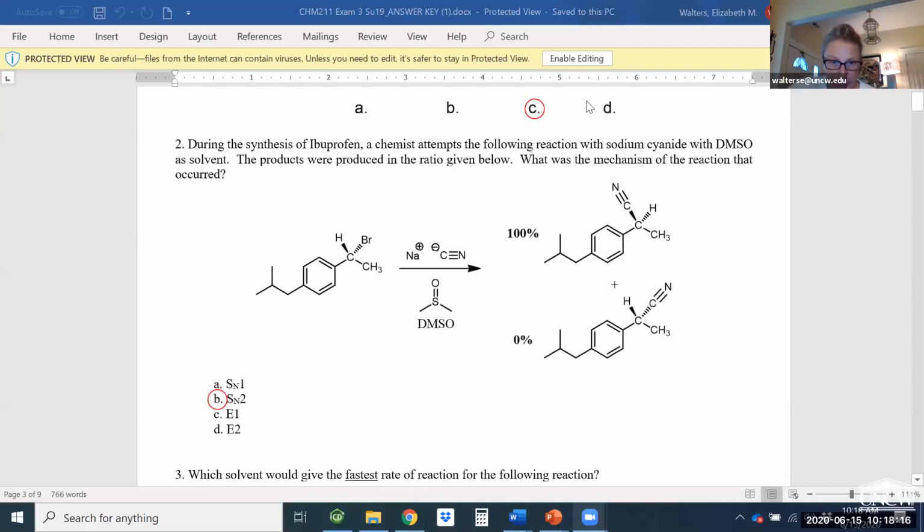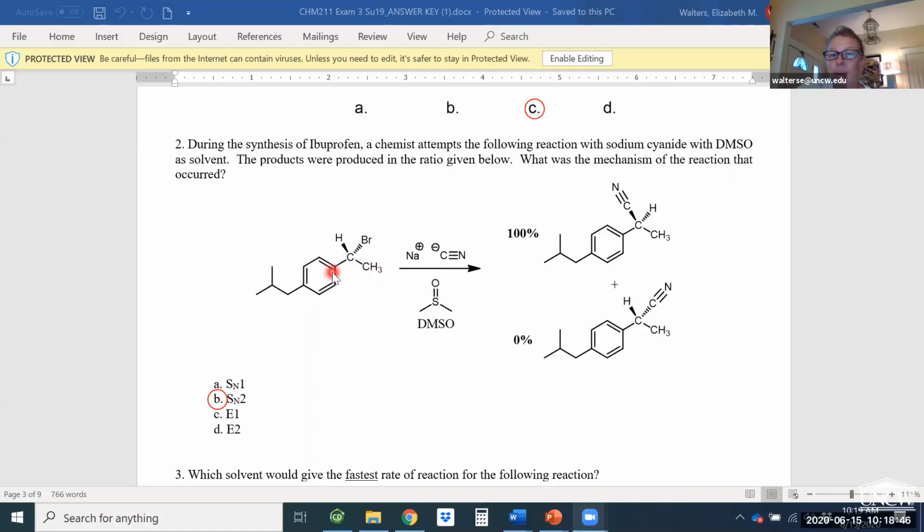Okay. All right. So 1 is about recognizing substrates for SN1 versus SN2. If you have questions, just text or chat or unmute yourself. This one is asking you, do you know what mechanism dominates? You have a few clues in here. This is a secondary system, which could go by SN1 or SN2. You know by looking over here that you're not making an alkene. The alpha carbon is here.